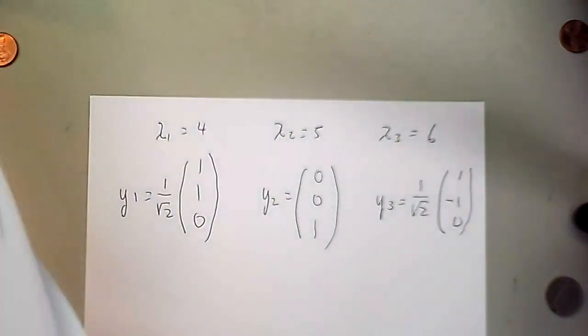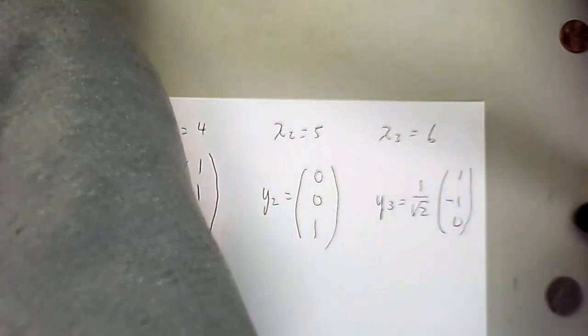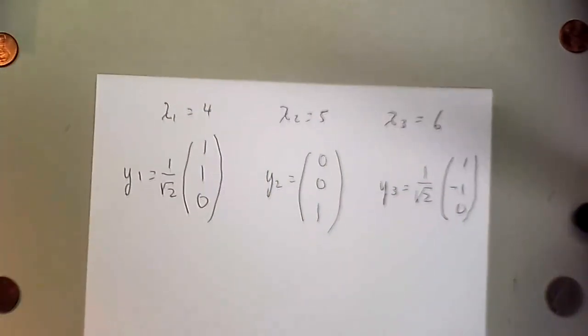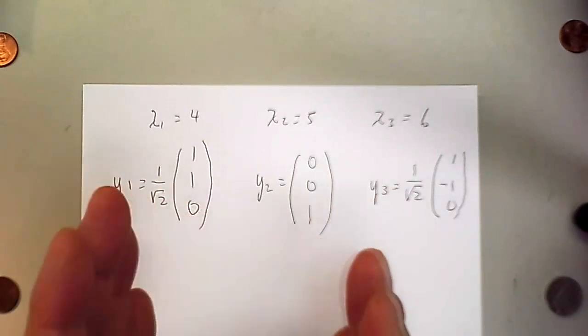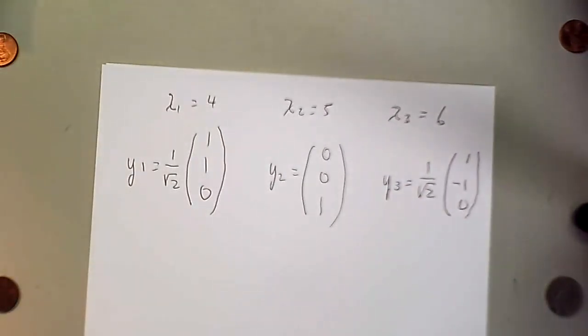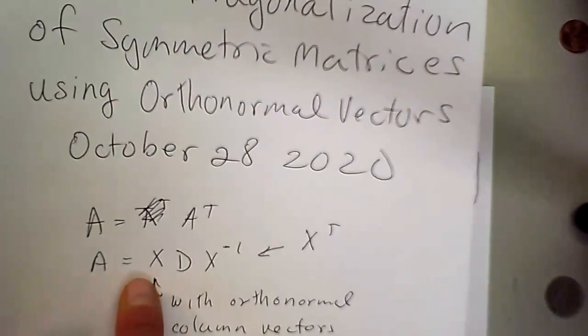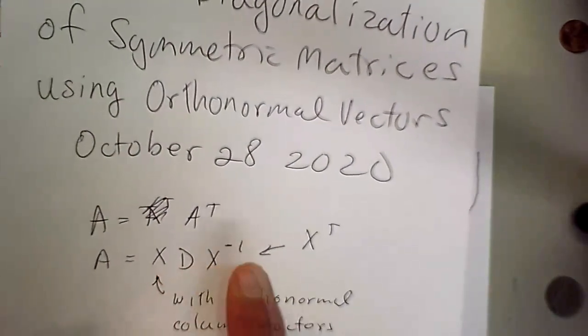Okay, so remember what we're going to do next. We're going to put them together into one matrix, which is going to be our matrix Y. At the beginning of the video, I said A is going to be X, D, X inverse.